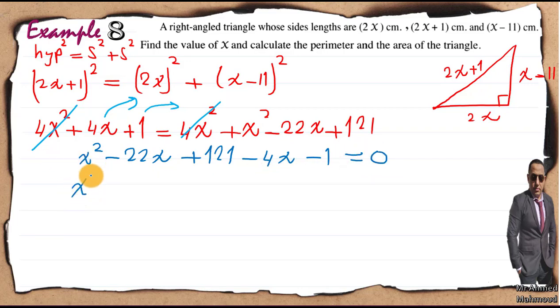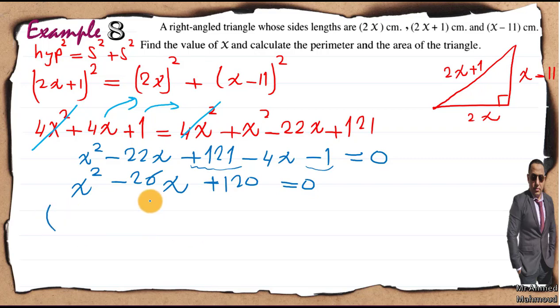Here I have x power of 2, negative 22x and negative 4x equals negative 26x, and 121 minus 1 equals positive 120, equals 0.